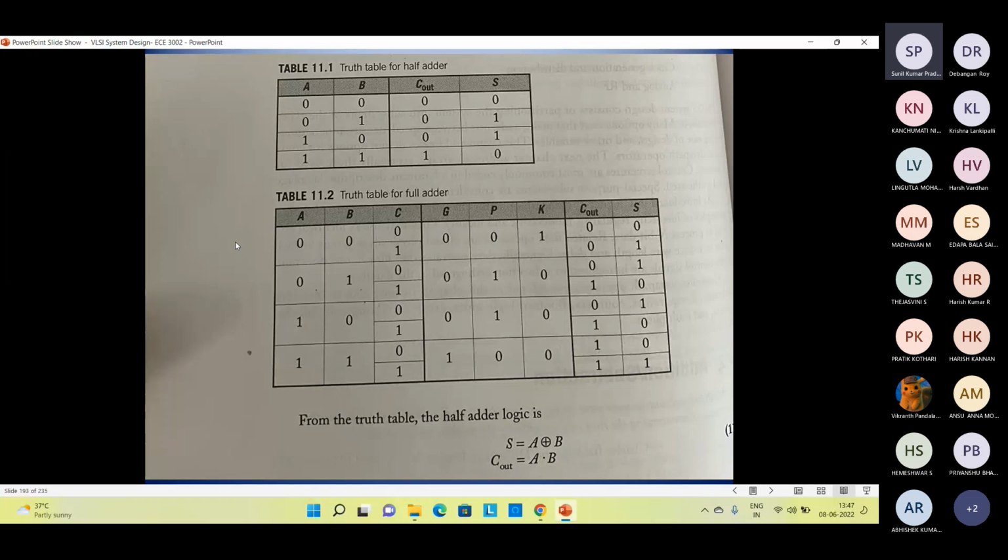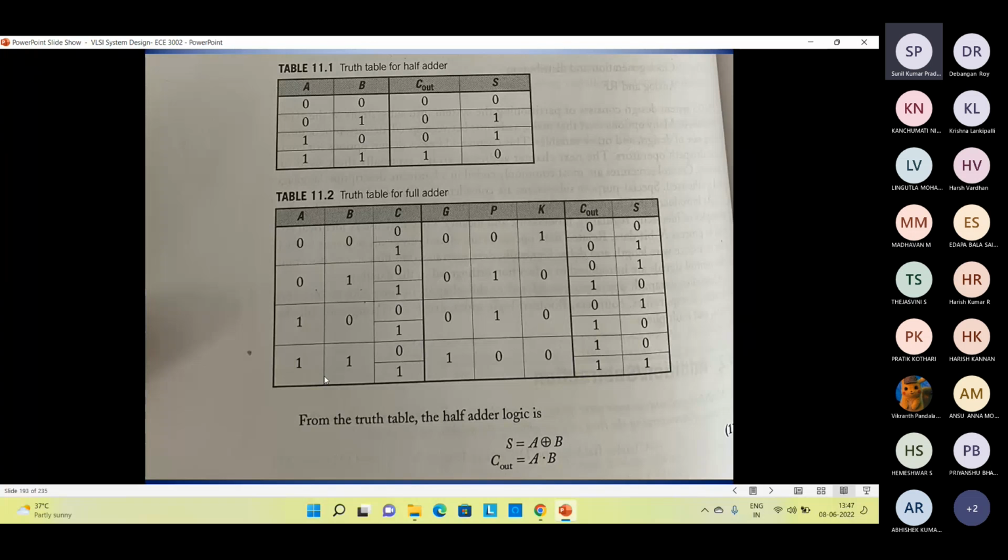Similarly, the last combination of both the inputs A and B is 1 1, that means A is 1, B is 1, and the carry is 0. In the case of carry 0, G is equal to 1, propagate is 0, and kill, that is K, is equal to 0, then the C out will be 1, that is carry will be 1, and sum will be 0.